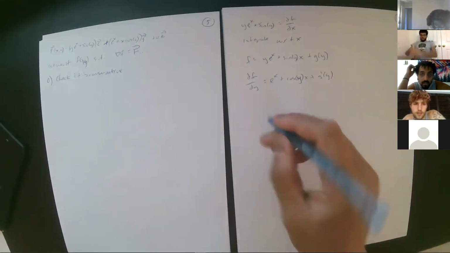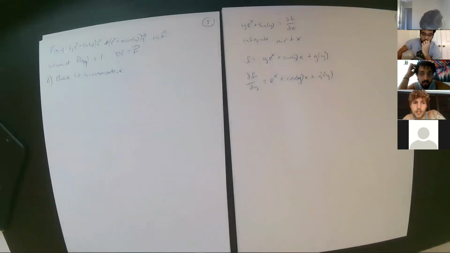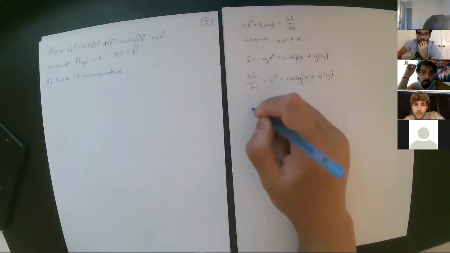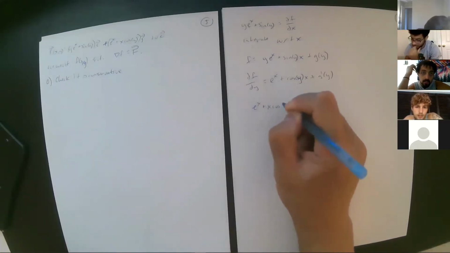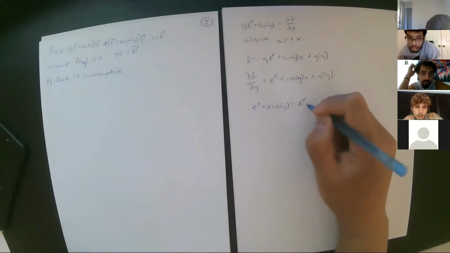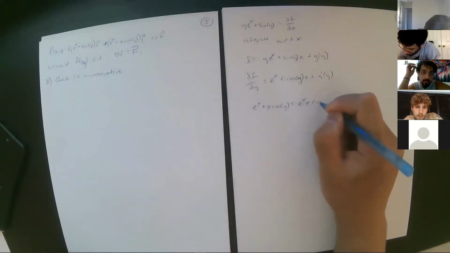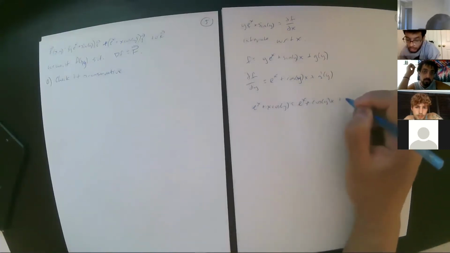You compare that to the j component, to Q over here. So that says that e to the x plus x cosine of y is equal to e to the x plus cosine of y times x plus g prime of y.